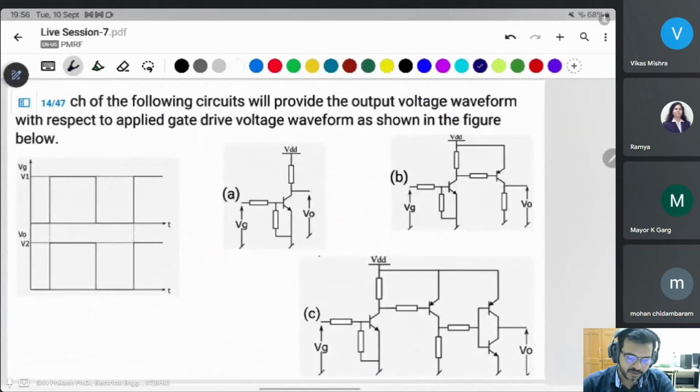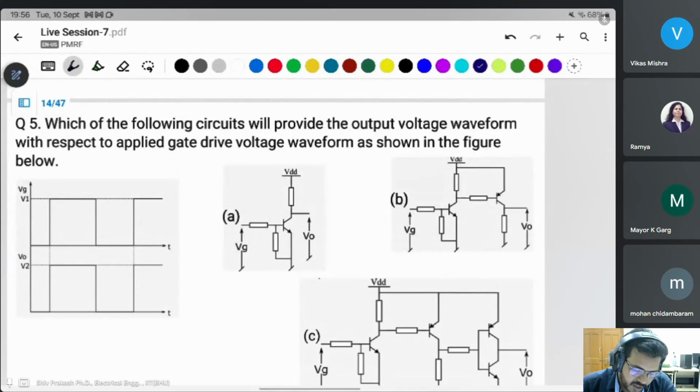Next question is related to the gate driver circuit. Gate driver means a MOSFET or IGBT gate driver, for the switches. In the converter, switches are either IGBT or MOSFET, but with a high frequency rating. IGBT you can use at a maximum of 20 kilohertz, for high power.